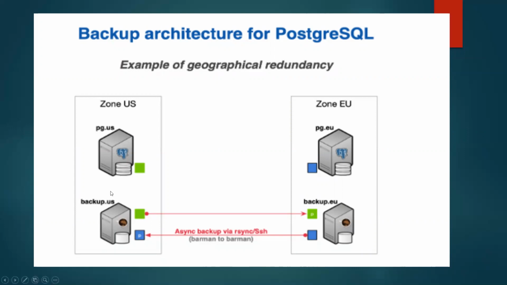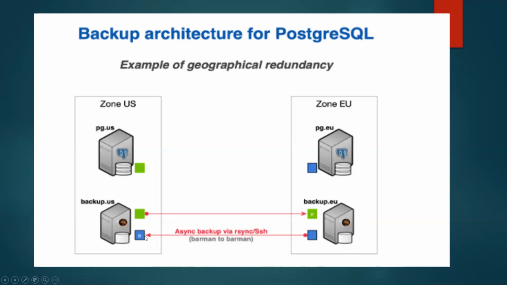If you look very carefully here, this is the zone in the US. Let's say this is a data center in the US, and you have one in the EU, and you have the Barman server, which is backing up this Postgres server here, and you have another Barman server in the EU, which is backing up this Postgres server here.